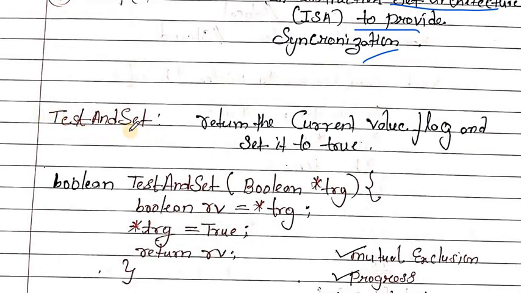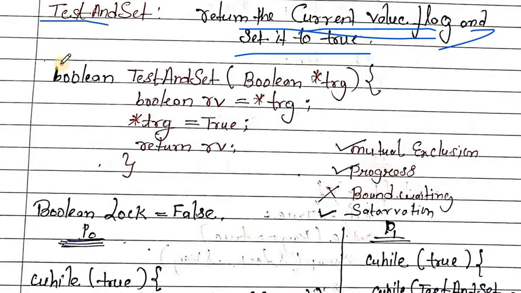Test and set returns the current value of the flag and sets it true. Here is the code of test and set.